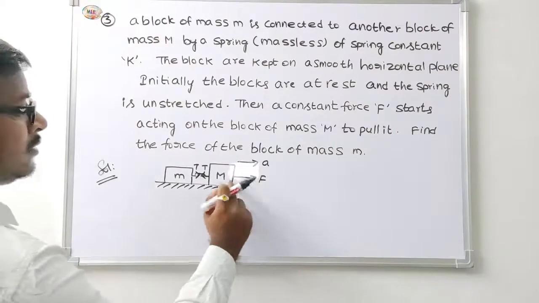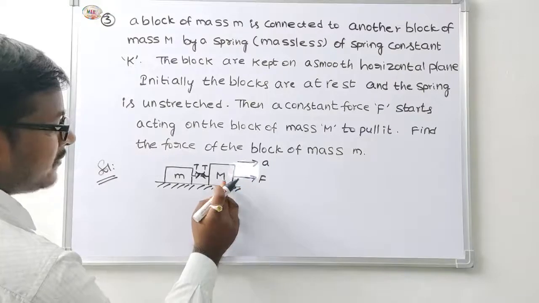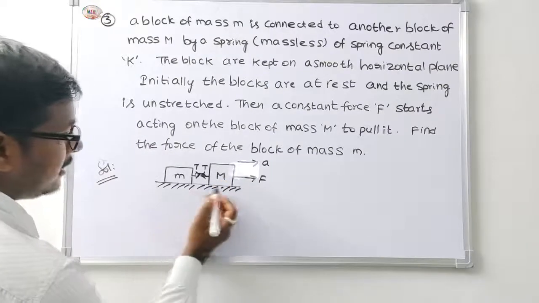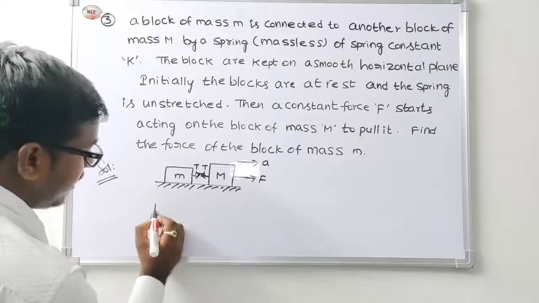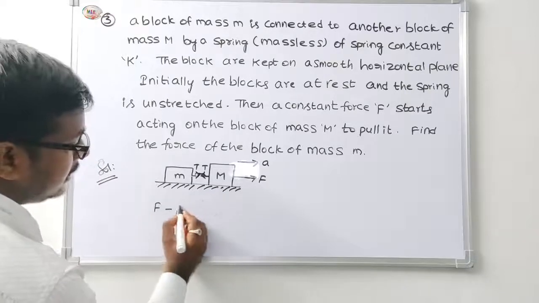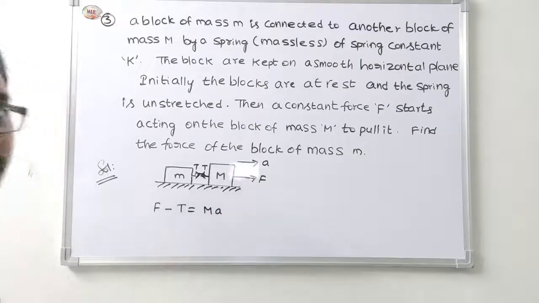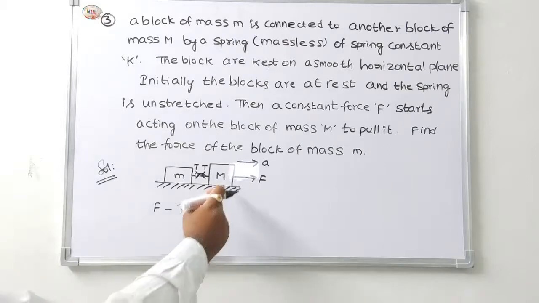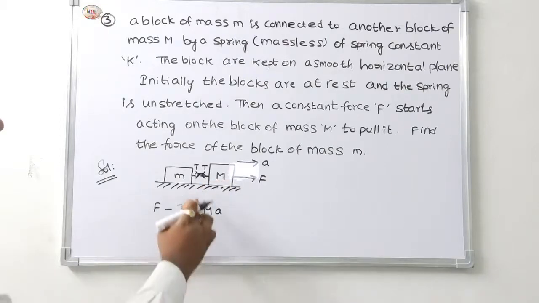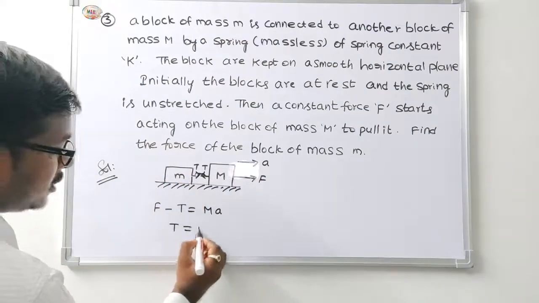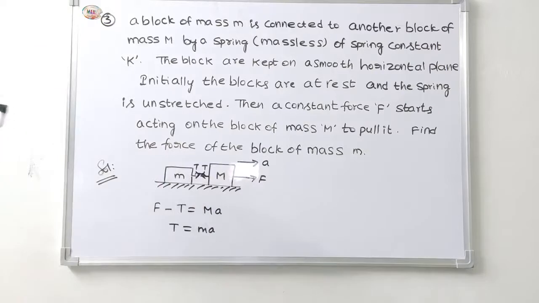First, write the equations. From the free body diagram of capital M, F minus T is equal to Ma. From the free body diagram of small m, T is equal to small m into a.